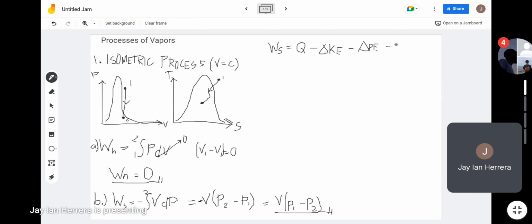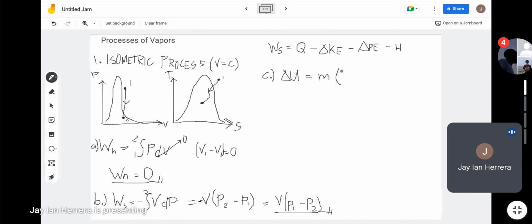Steady flow. Next formula, we have internal energy. Change in internal energy, same lang din yan.